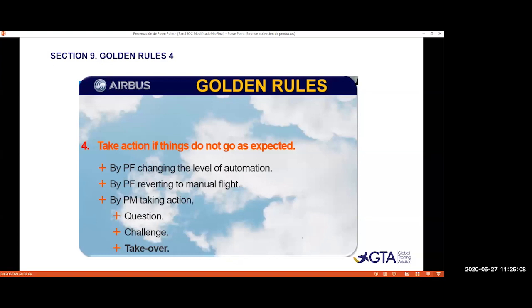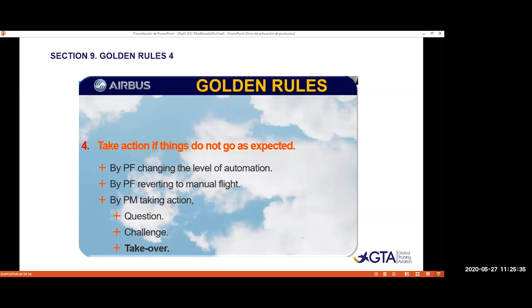This is take control. And there is one important thing at this point, the pilot monitoring. If, after the advice of the pilot monitoring, the pilot flying is not following, maybe the pilot monitoring has to take control, take over.